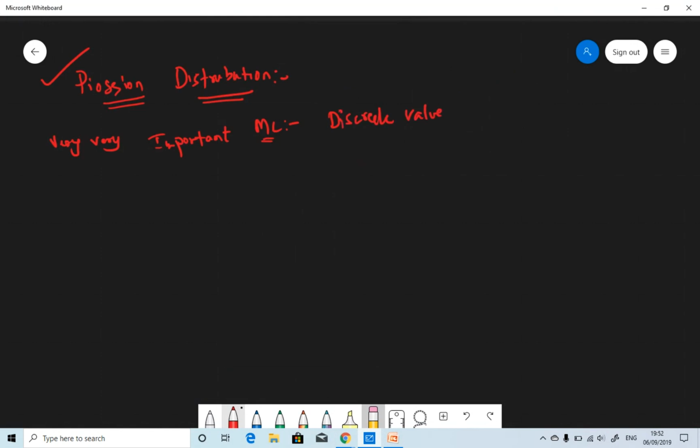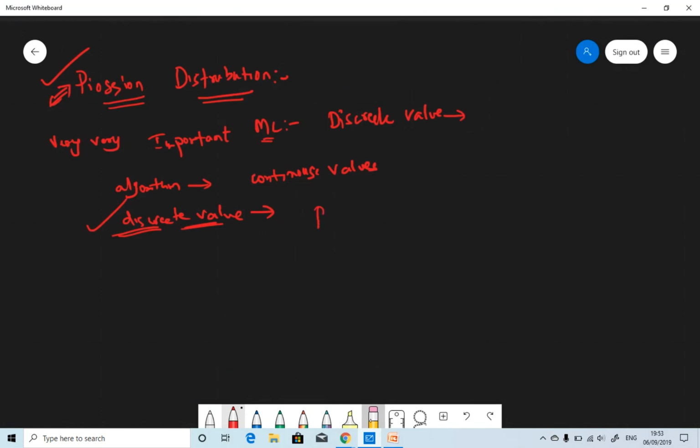When we discuss machine learning and the algorithms we currently have, most institutes talk only about continuous values. My outcome is continuous values. Nobody talks about discrete values, right? So we will discuss one algorithm which is based on the Poisson distribution.